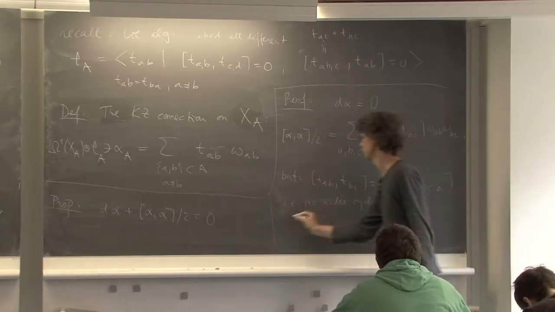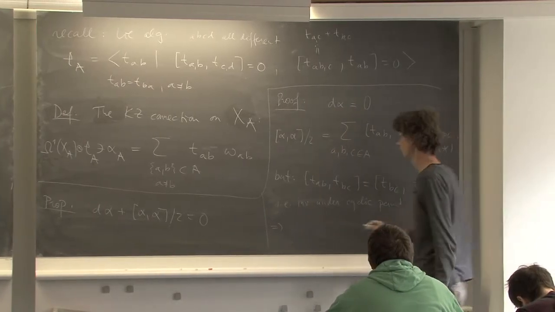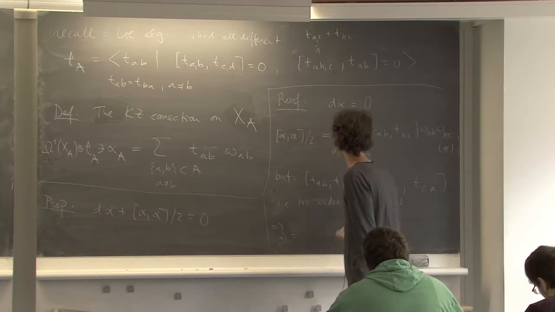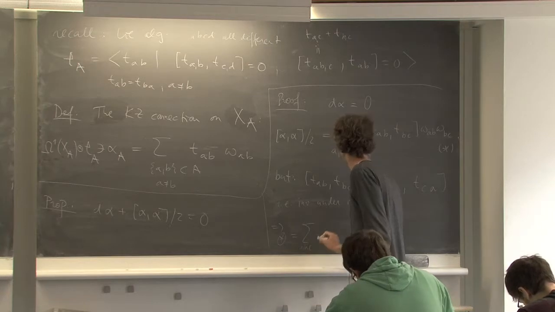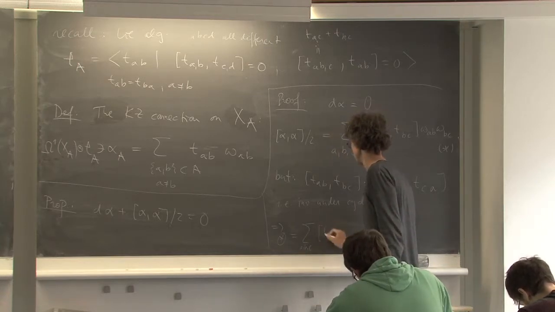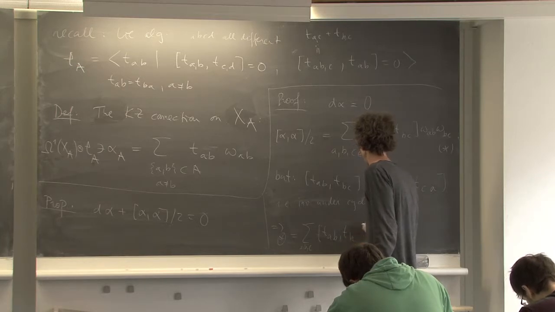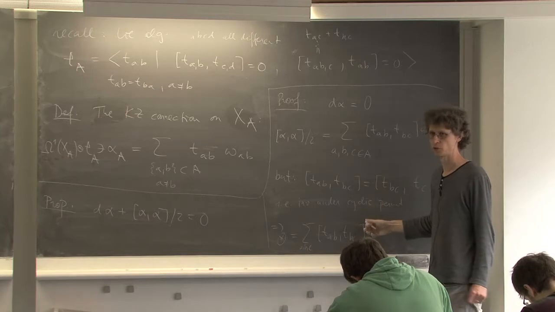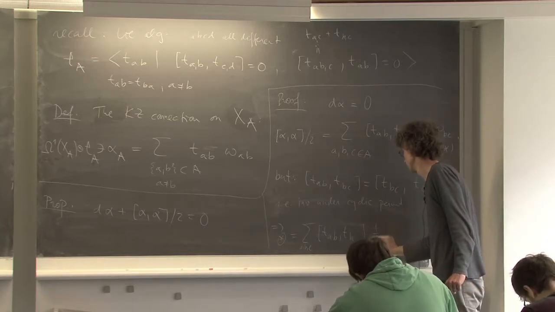And this implies that this stuff is equal to the same sum over ABC with the same T_AB, T_BC, but I will average it over cyclic permutations of ABC. So there will be something like 1/3.